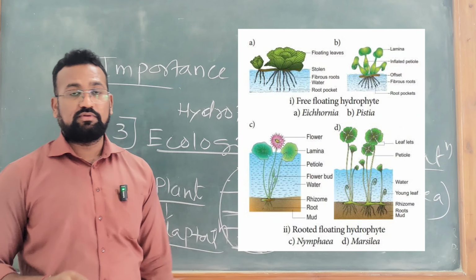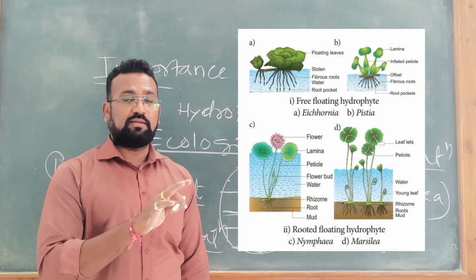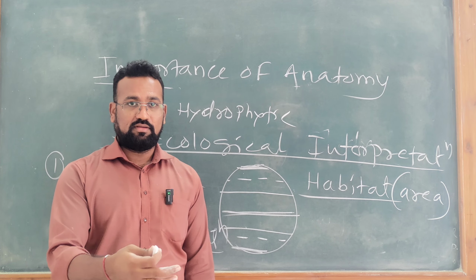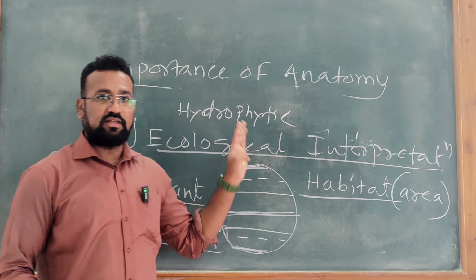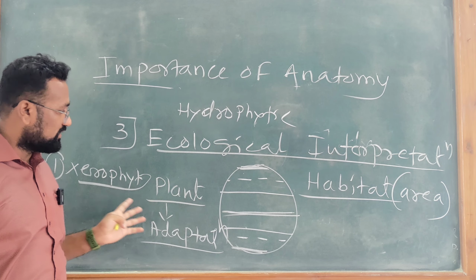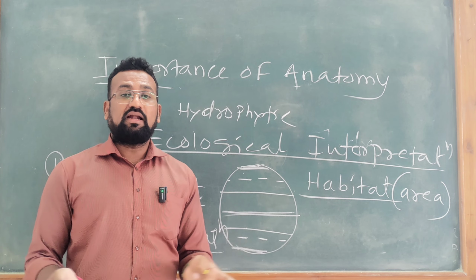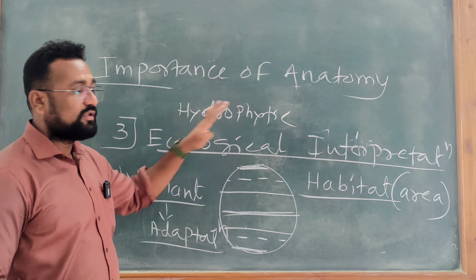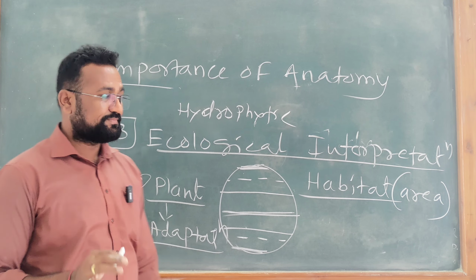This photograph is showing you. According to the environment, the plant has shown some adaptation to live in that water. You cannot put a xerophytic plant directly into the water, that plant will definitely die. You cannot put a hydrophytic plant into a xerophytic area, definitely that plant is going to die, because that plant has been adapted to a particular location, and if you change the location the plant will die.